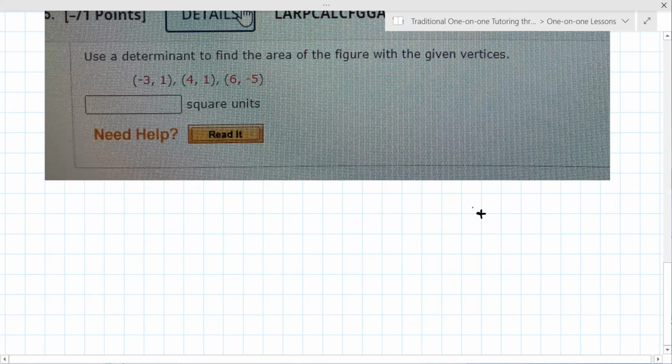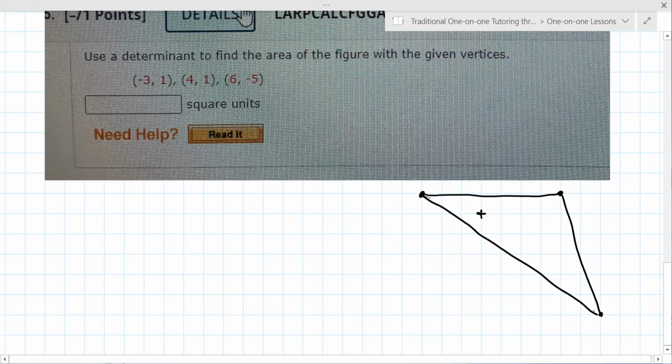So -3, 1 is there. 4, 1 is there. And then 6, -5 is there, I think. 1, 2, 3, 4, 5. So it's roughly this shape. We did get a formula in class.